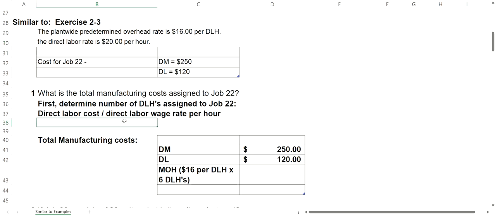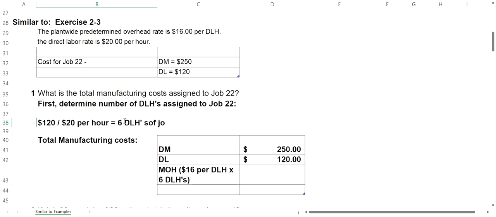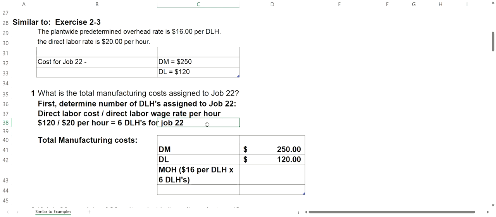I can do that by taking my direct labor cost, which was given at $120, and divide that by $20 per hour. So if I divide that out, that means there were 6 direct labor hours for job 22. Okay, so that's how I can come up with the direct labor hours. So I did have to take a step back there.